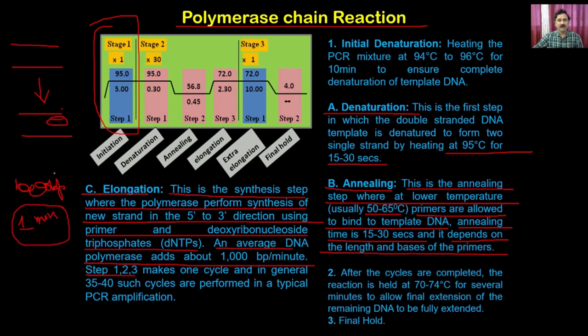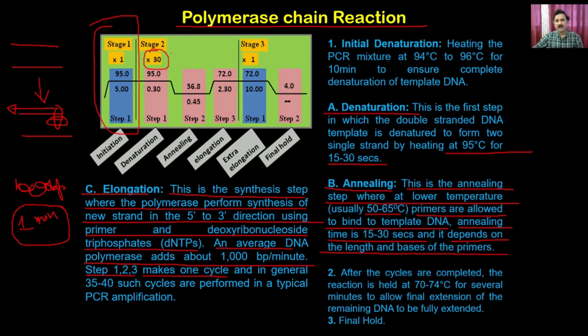Accordingly, you can decide how long you want to give the elongation so that the enzyme will sit here and be able to walk up to the end of this particular gene. So steps A, B and C make one cycle, and this will continue for multiple cycles. For example, in this example, we are saying that this will continue for 30 cycles.